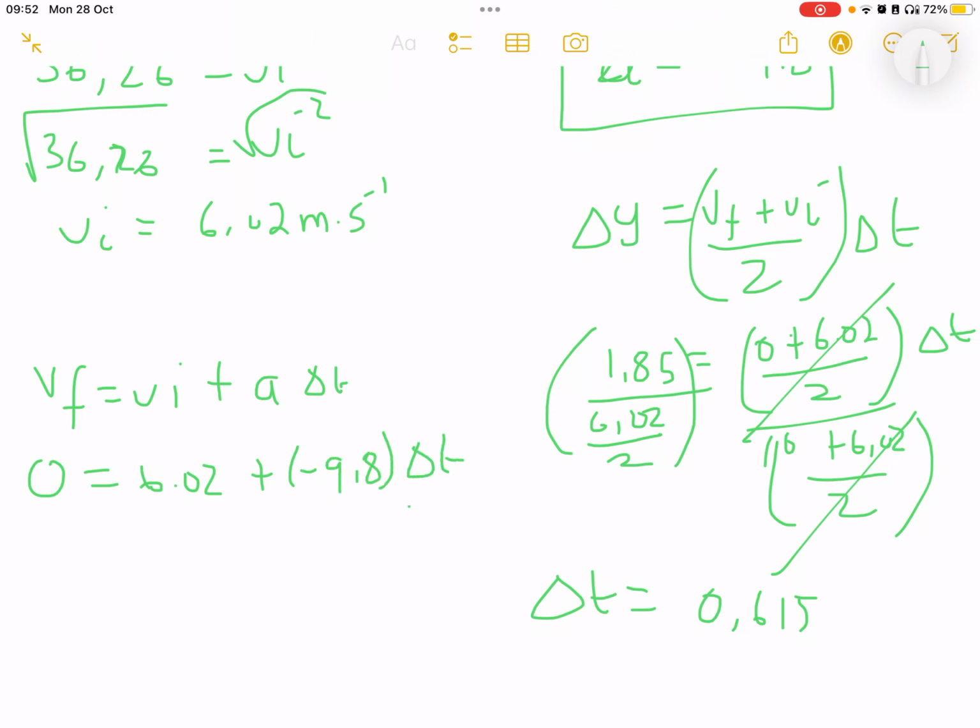You take this to the other side, it becomes 9.8 delta t equals 6.02. Divide both sides by 9.8, and then you get delta t equals 6.02 over 9.8. You still get 0.615.